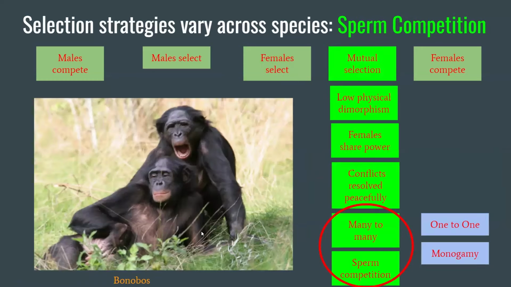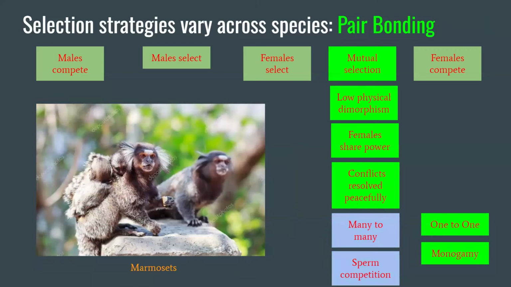Then there's the possibility of mutual selection. Or you can get to one-to-one matings, and that results in monogamy in the case of marmosets here.